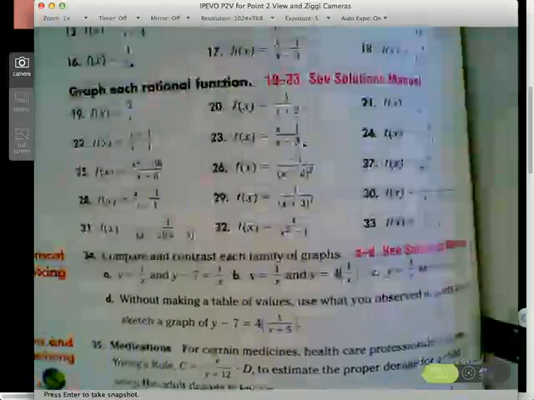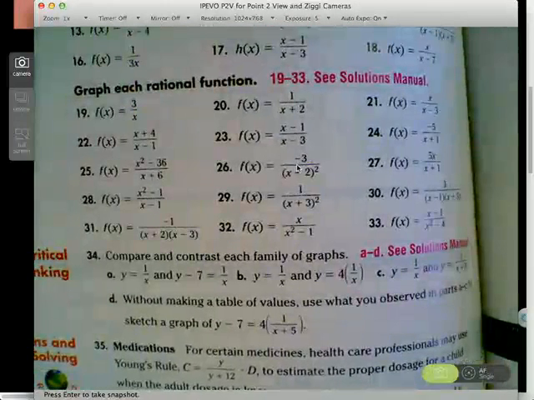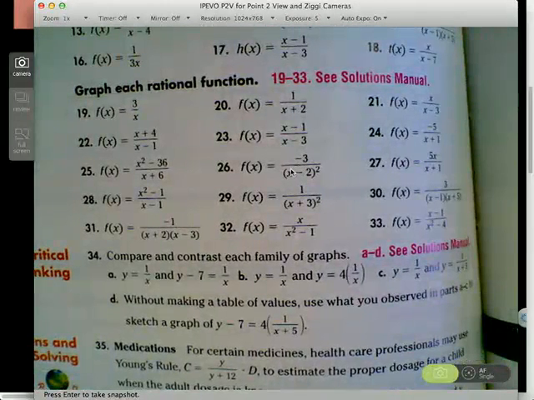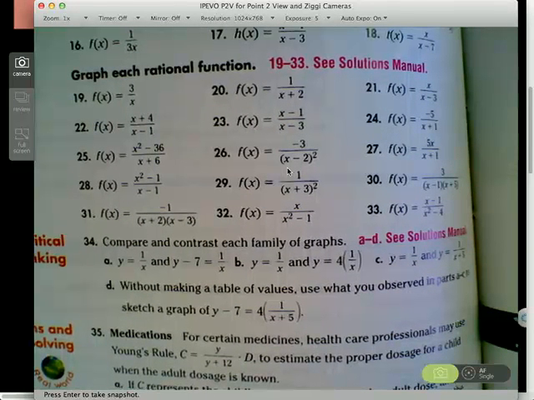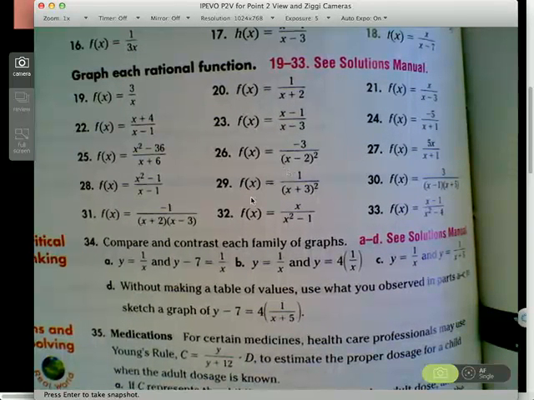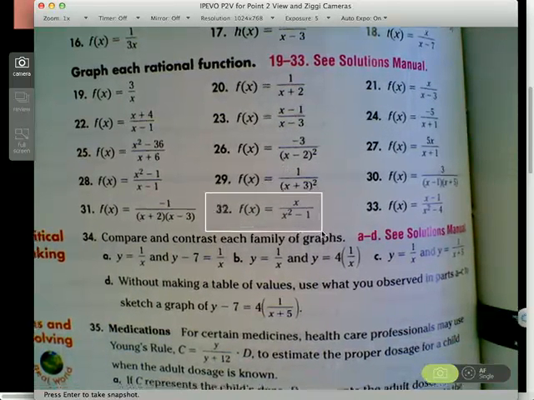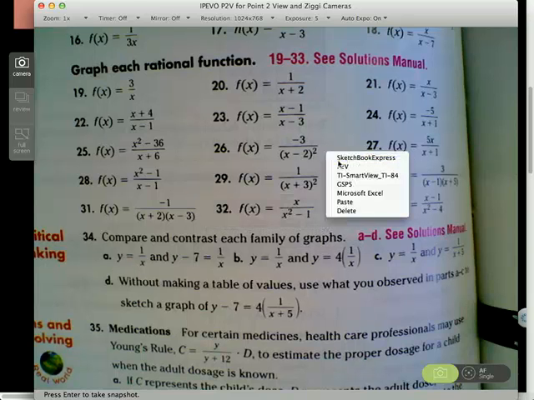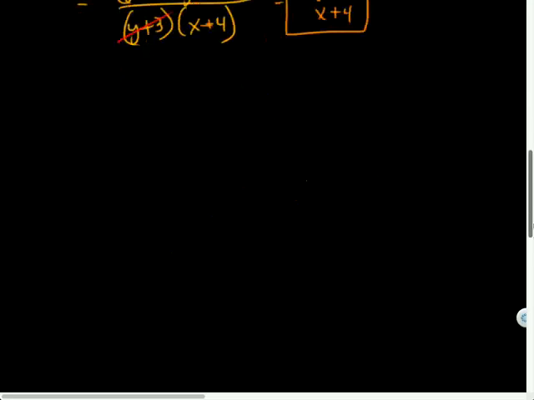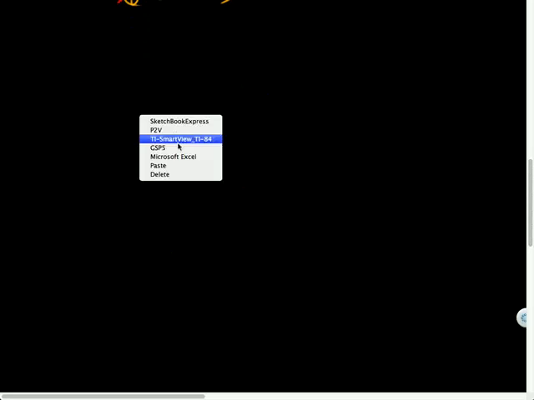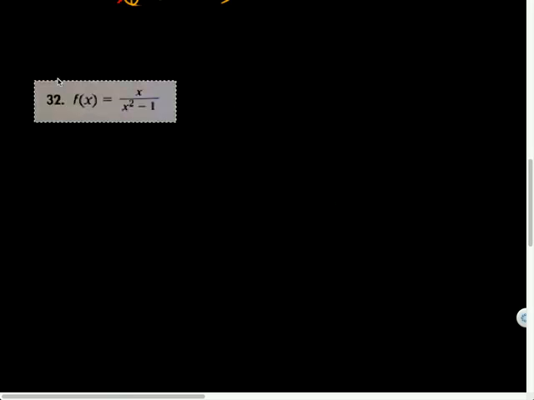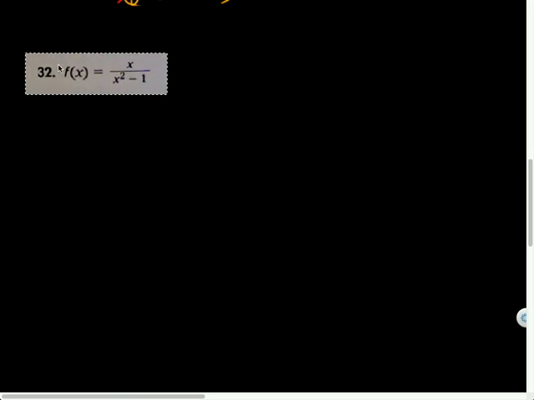I'm assuming we didn't do some of these even assignments. Let me do 32. 32 looks interesting enough. So graph the rational function. So this is 32 from page 554 from the concept of graphing rational functions.